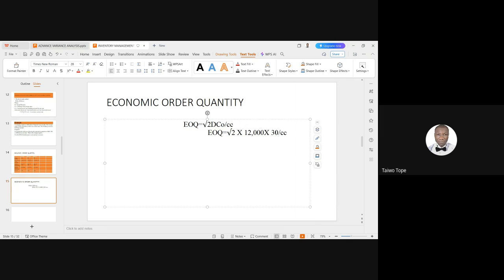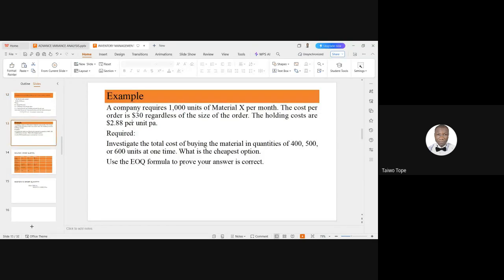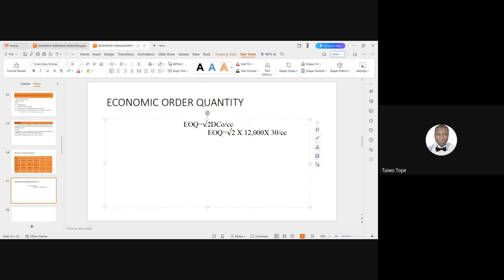Everything here is divided by your holding cost, the carrying cost or cost of holding 1 unit for 1 year. From the question, your carrying cost is 2.88 per year. So you divide by 2.88, and note they are all in the square root, please. So when you do that, what will be your outcome?